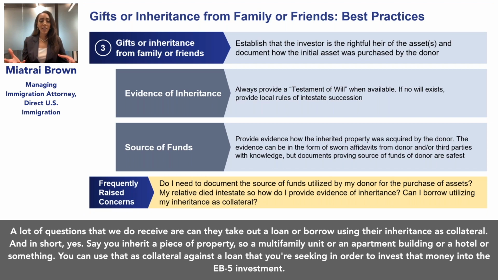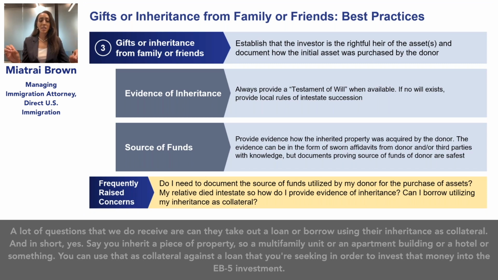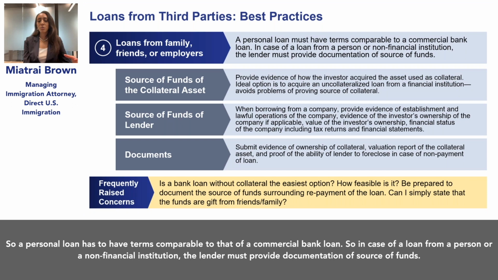And in short, yes. Say you inherit a piece of property, so a multifamily unit or an apartment building or hotel. You can use that as collateral against a loan that you're seeking in order to invest that money into the EB-5 investment.